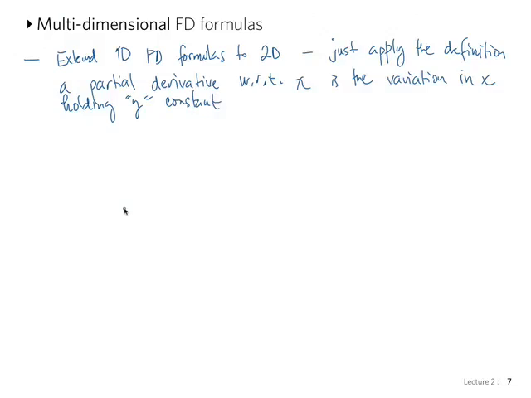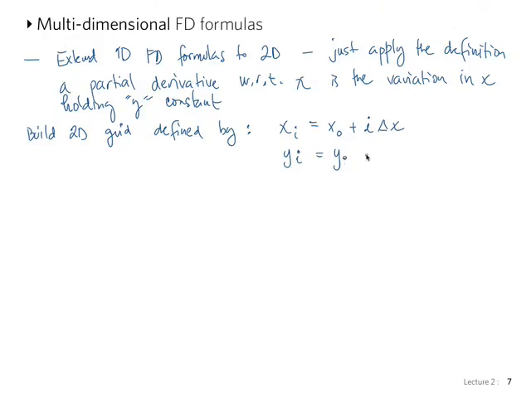So we just apply this by first building a 2D grid defined by the points x, suppose every value of xi is equal to some starting point x0 plus i times delta x, and then every point in the y direction is equal to some starting point y0 plus another index, call it j, times delta y.